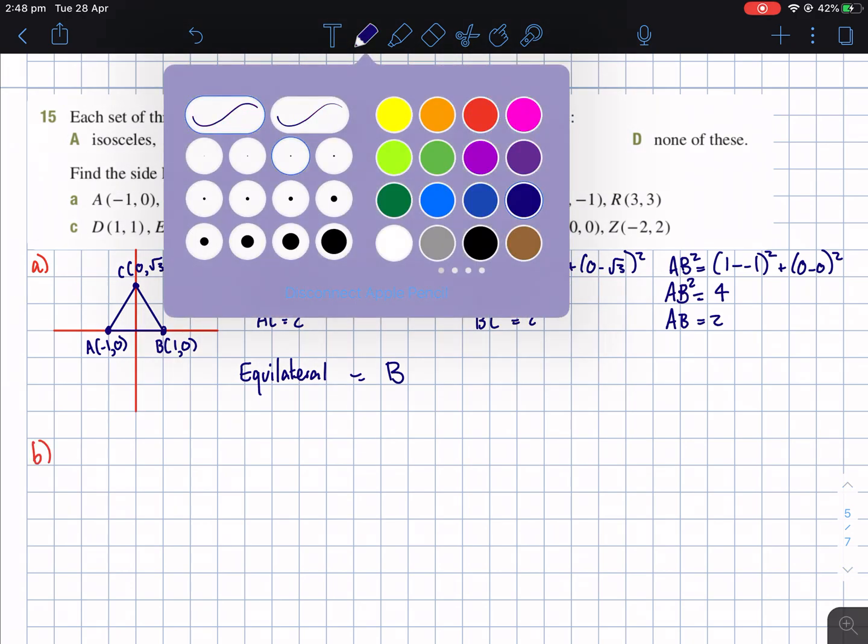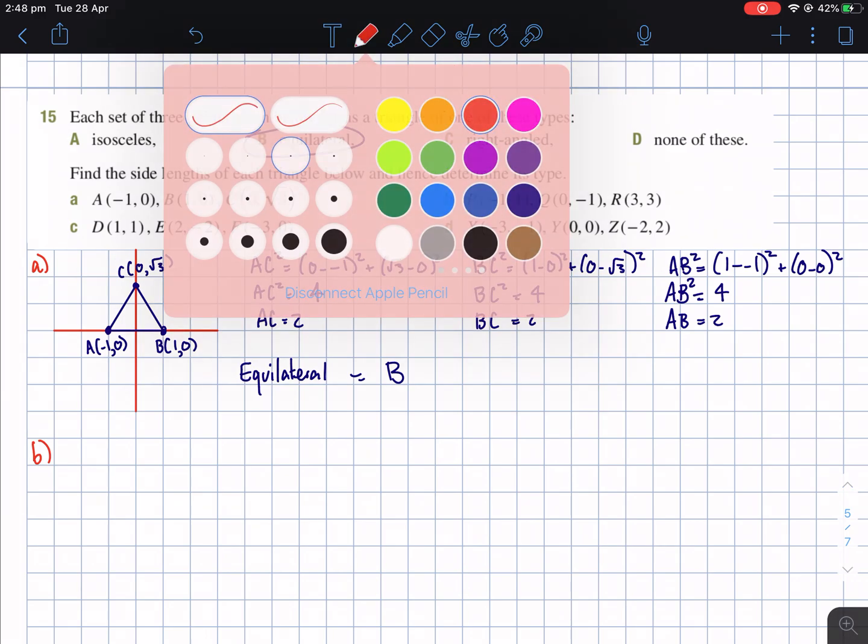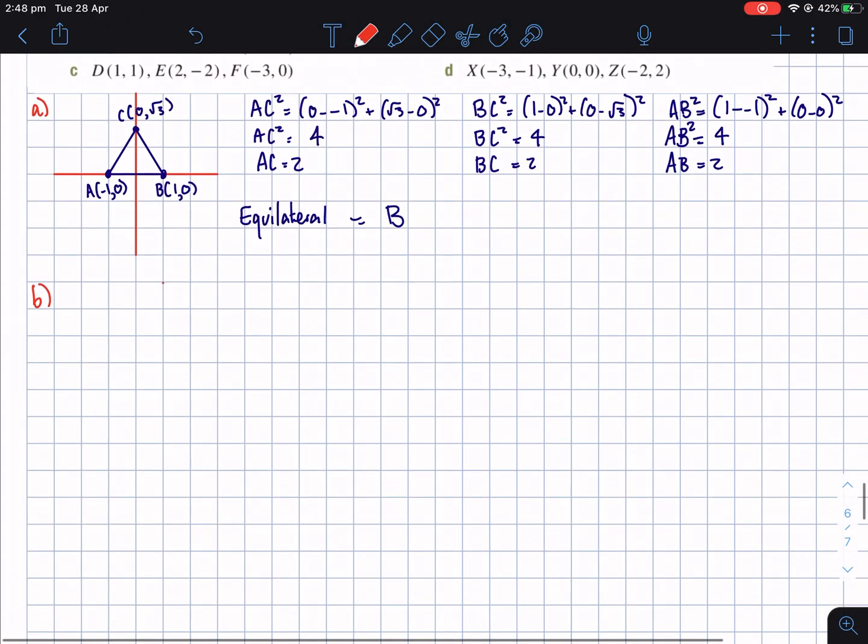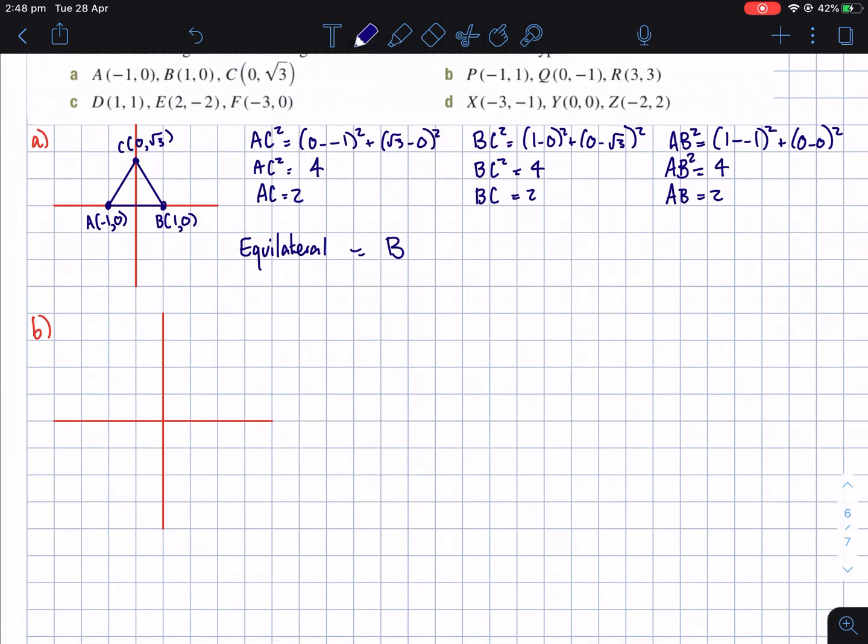Question B. Again, I'd like to draw this. So we've got the point -1, 1. So that's P. We've got the point 0, -1.